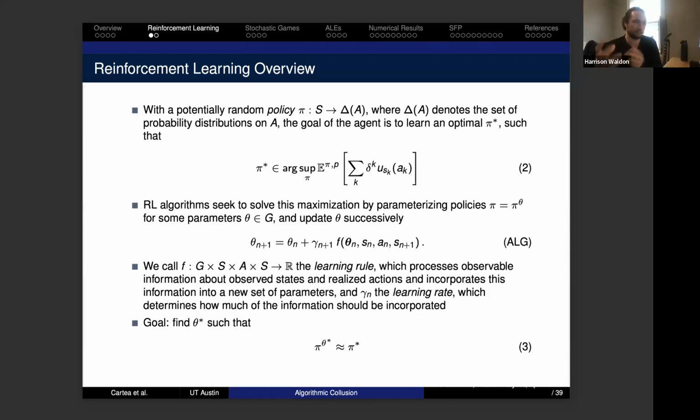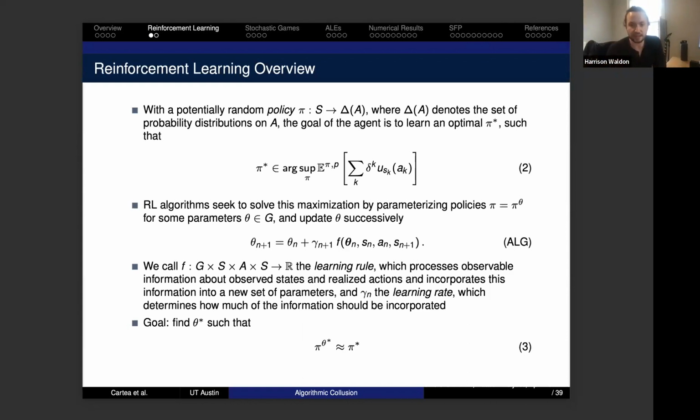and the thetas, the parameters, are updated successively by an algorithm, which in its most general form is written here. We call f the learning rule. f is a function that takes in old parameter values, the current state, current action, and possibly the subsequent state. So maybe we have a little bit of a delay in when we update our parameters. And it incorporates this information into a new set of parameters.